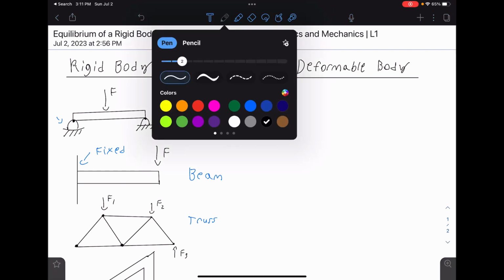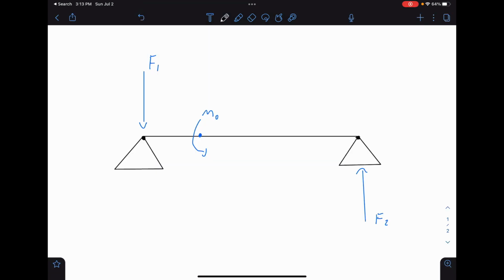a rigid body now. So basically, the equilibrium of a rigid body is when you're given a rigid body and it does not change. The sum of the forces in the x direction equals 0, and the sum of the forces in the y direction equals 0, and so the total force on the object is also equal to 0.